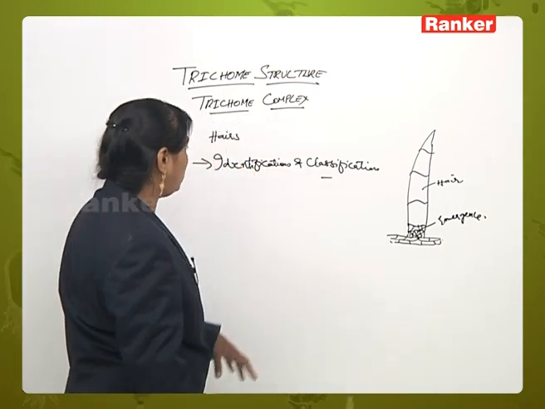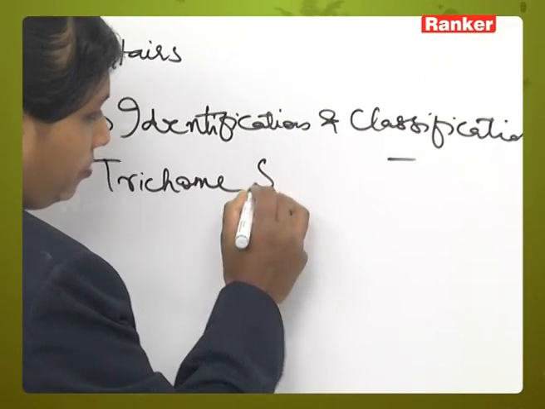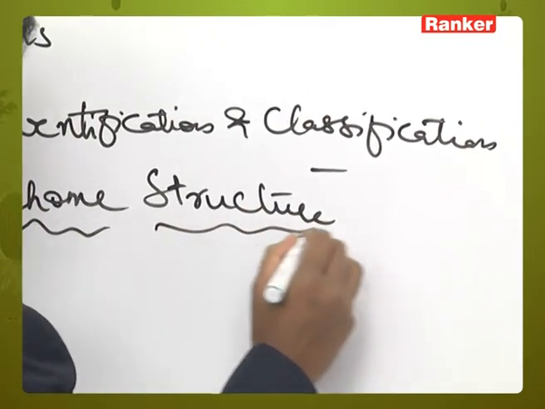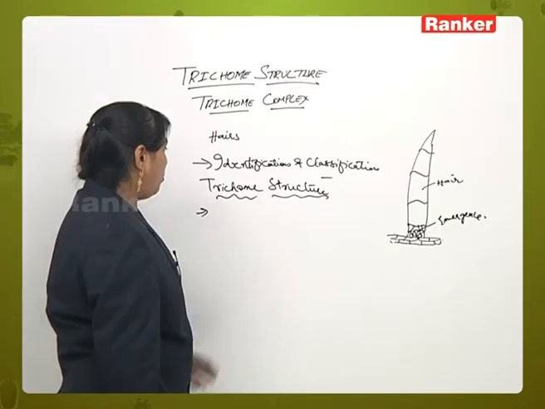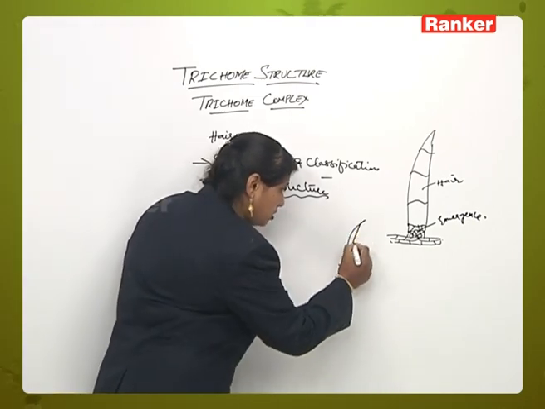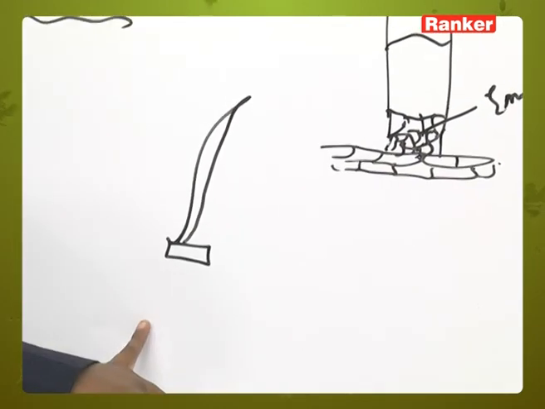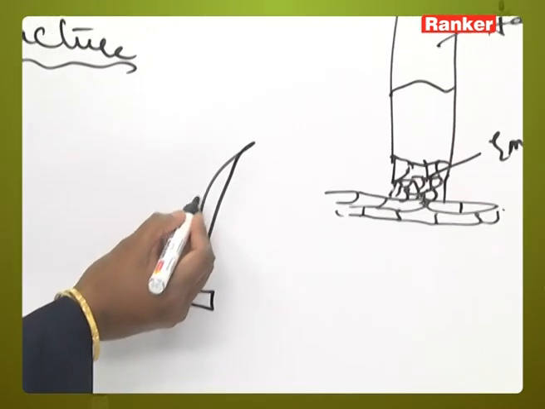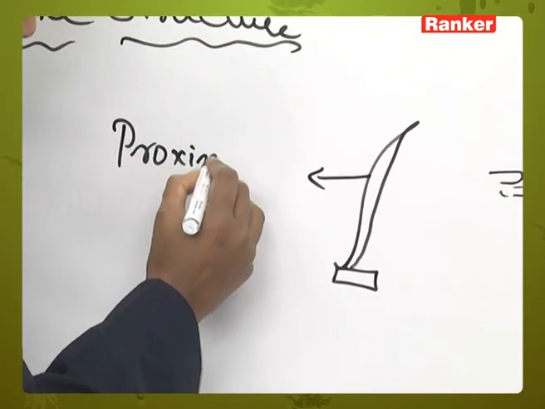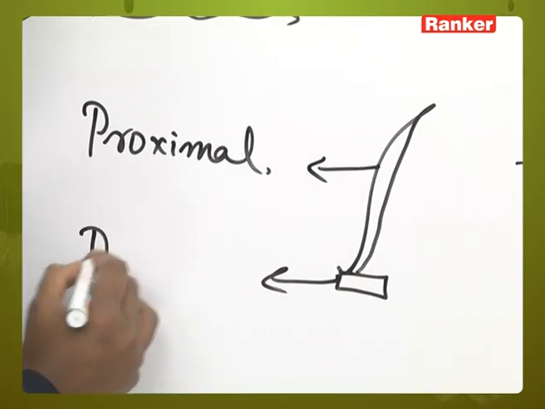When we come to trichome structure, you can divide a trichome into two parts: the proximal part and the distal part.